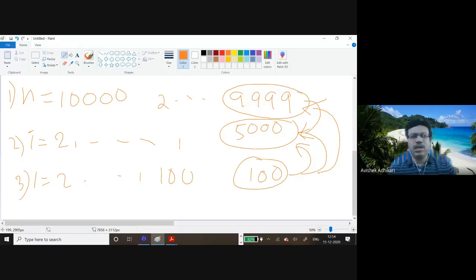Among these, the computer will prefer the third algorithm, because it has to run only around 100 steps. In the first one it has to run around 10,000 steps, whereas in the second one around 5,000 steps. So the number of steps it requires is quite important.